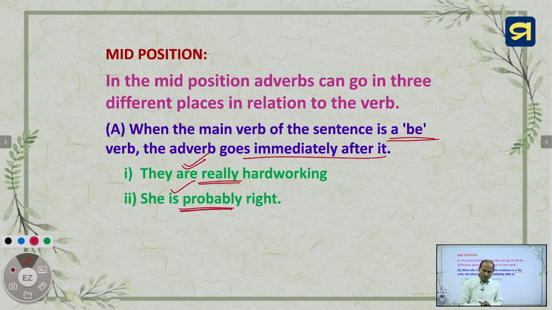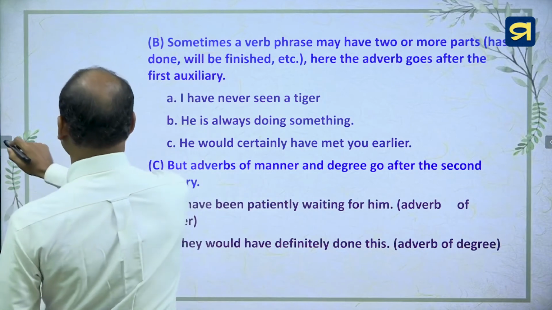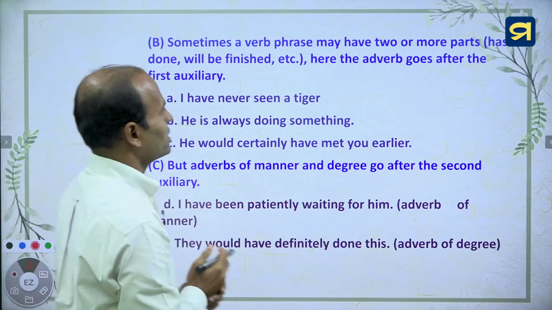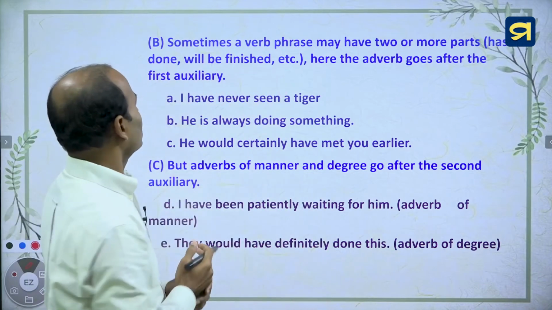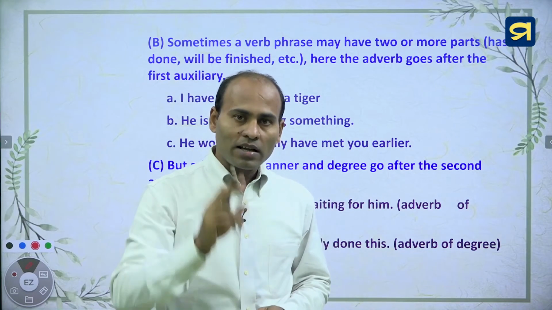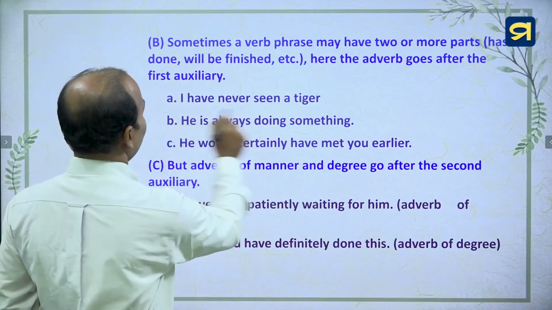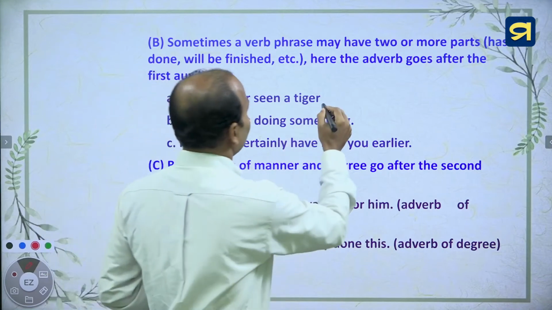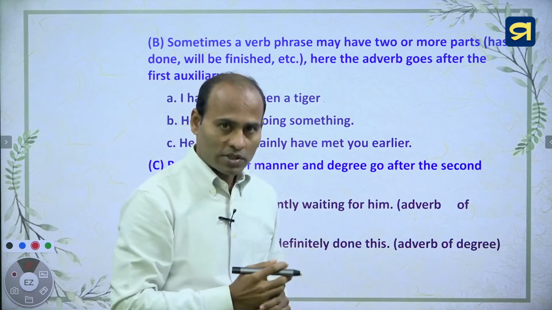Okay, my dear students. Very good. Sometimes a verb phrase may have 2 or more parts, like has done, will be finished, etc. Here the adverb goes after the first auxiliary. So, I have never seen a tiger. Sorry, my dear students, there will be a full stop.